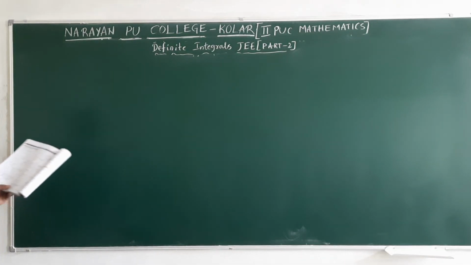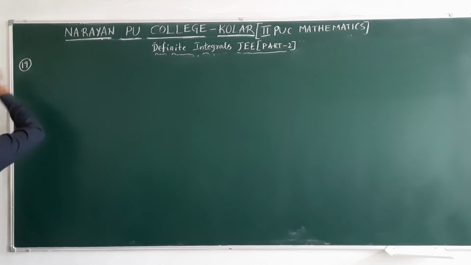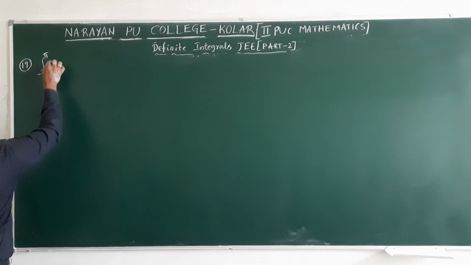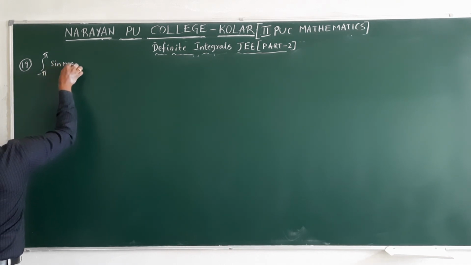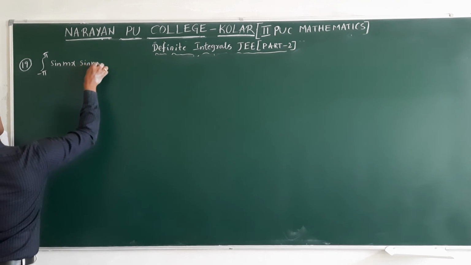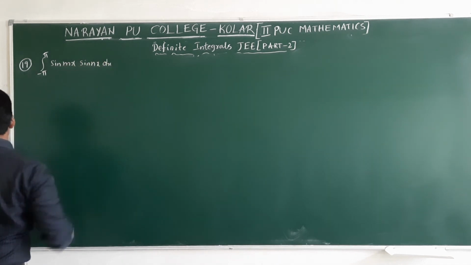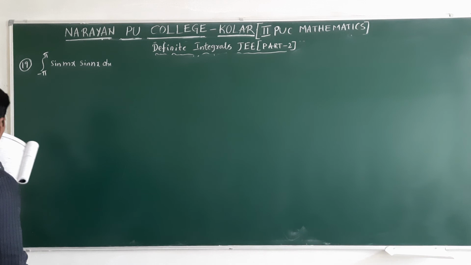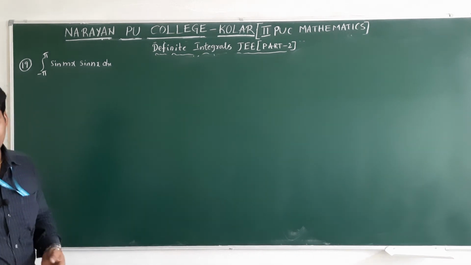Next, question number 19. The value of integral from minus pi to pi of sin mx into sin nx dx, for m not equal to n, where m and n are integers.